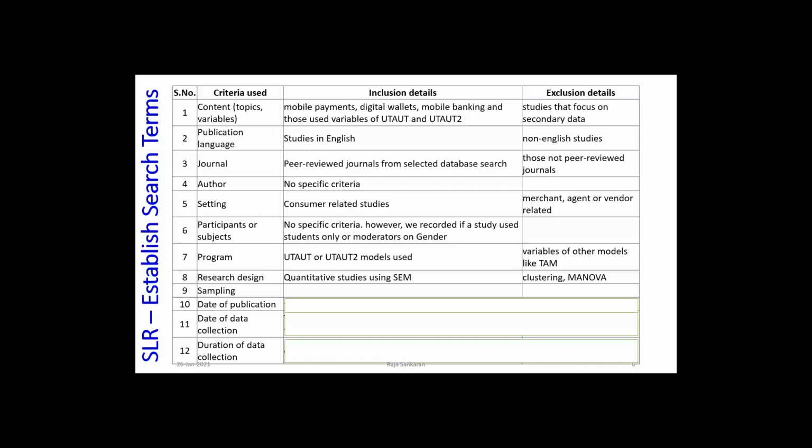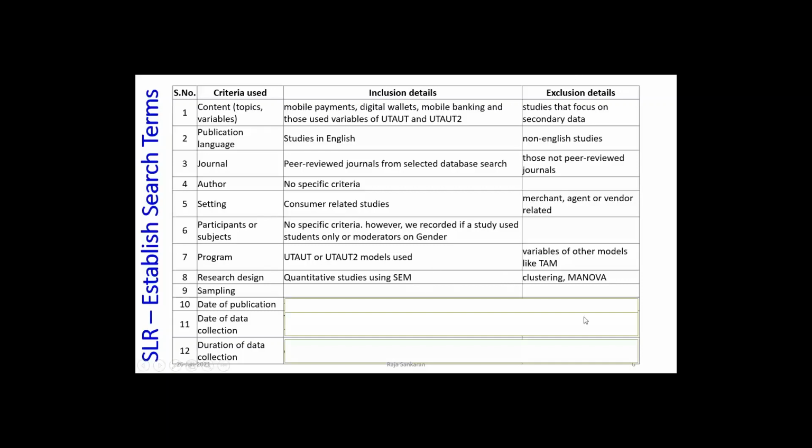So I can clearly define based upon the scope of my study that I will be using only those which are quantitative in nature and which have used SEM. Now, SEM could be in SPSS, it could be in RStudio, it could be in PLS-SEM as well, either of them. So I don't have to restrict those because software is not quite relevant in this scenario.